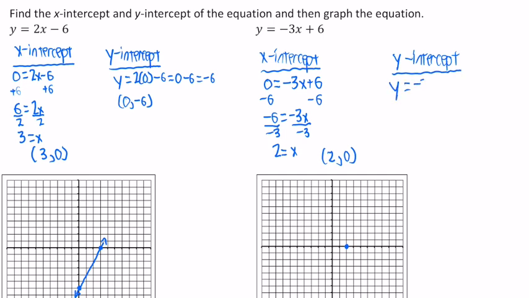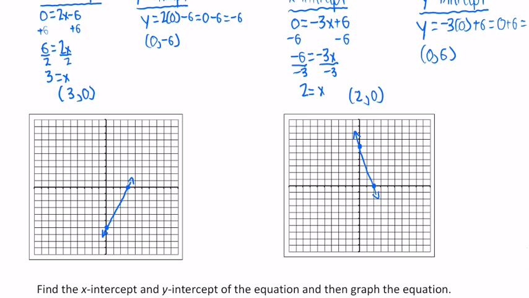This gives us y equals negative 3 times 0 plus 6. This would be 0 plus 6, which is 6. We put in 0 for x and got 6 for y. The point (0, 6) is on our graph. And then we draw a straight line through those 2 points and stick arrows on the ends. And there's our graph.